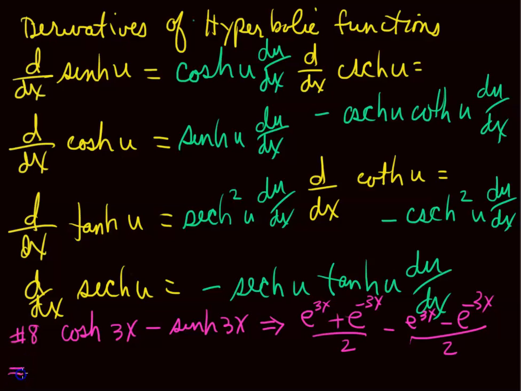But now we can put these over a common denominator. It's e to the 3x plus e to the negative 3x minus e to the 3x plus e to the negative 3x over 2.